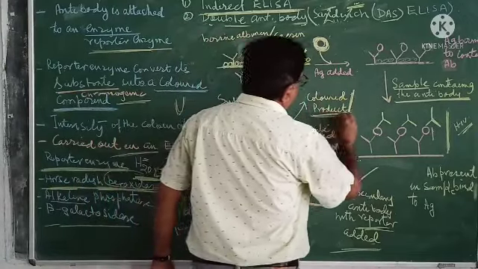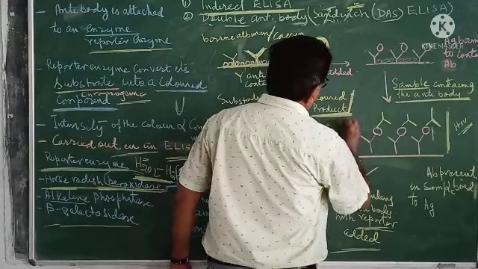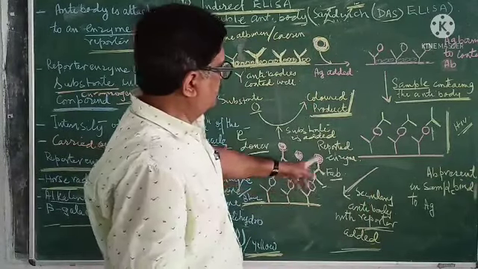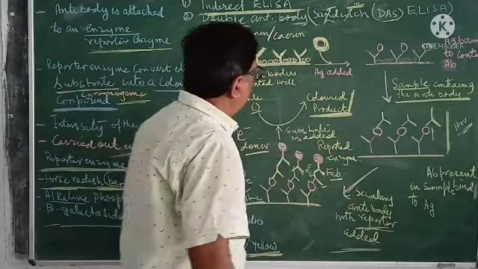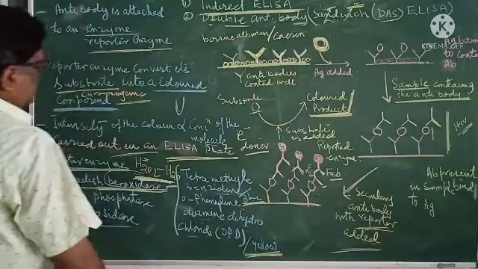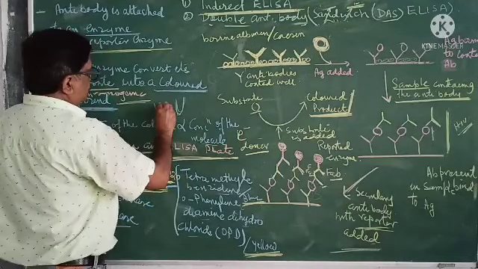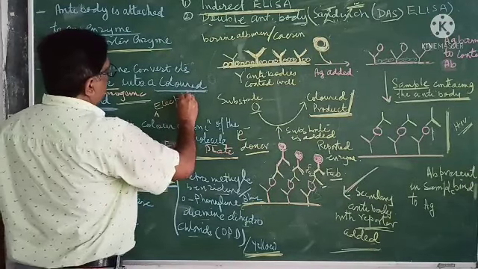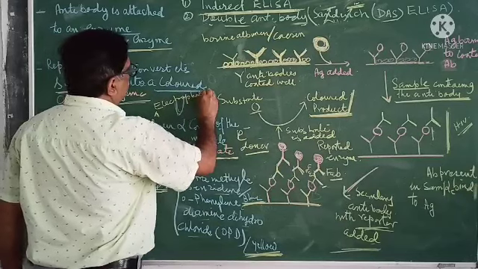So this production of color gives the qualitative analysis of the antibodies, and the intensity of color is measured by the photometer.